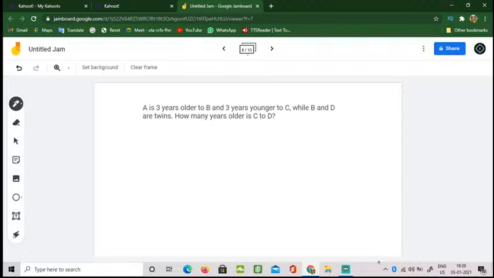So here, since B and D are twins, B is equal to D. A is 3 years older to B, that is A equals B plus 3, and A is 3 years younger to C, so A equals C minus 3.